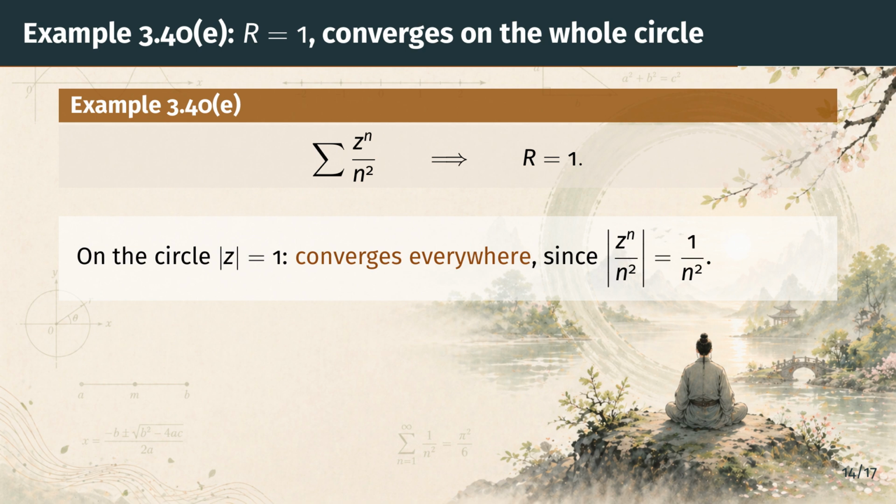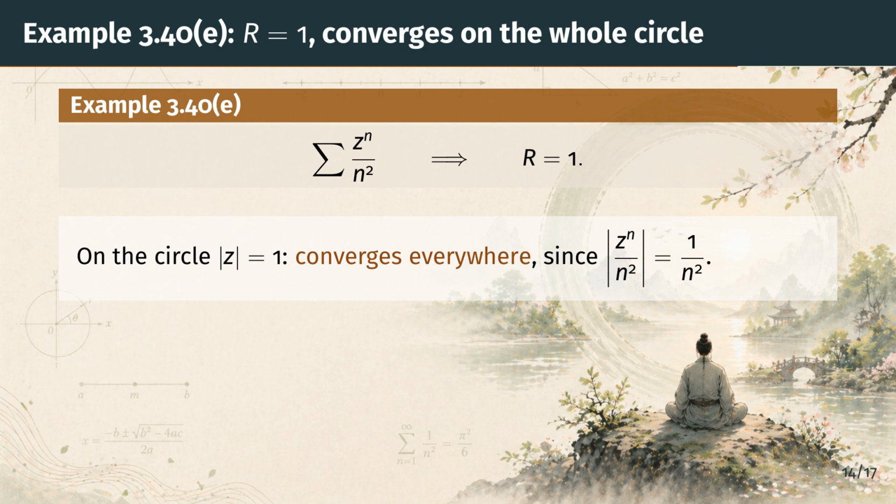When the absolute value of z is 1, the absolute value of the term z to the n over n squared is exactly 1 over n squared, and the sum of 1 over n squared is a convergent p-series. So absolute convergence holds all the way around the circle. Taken together, examples C, D, and E all share radius 1, yet show 3 completely different boundary stories.